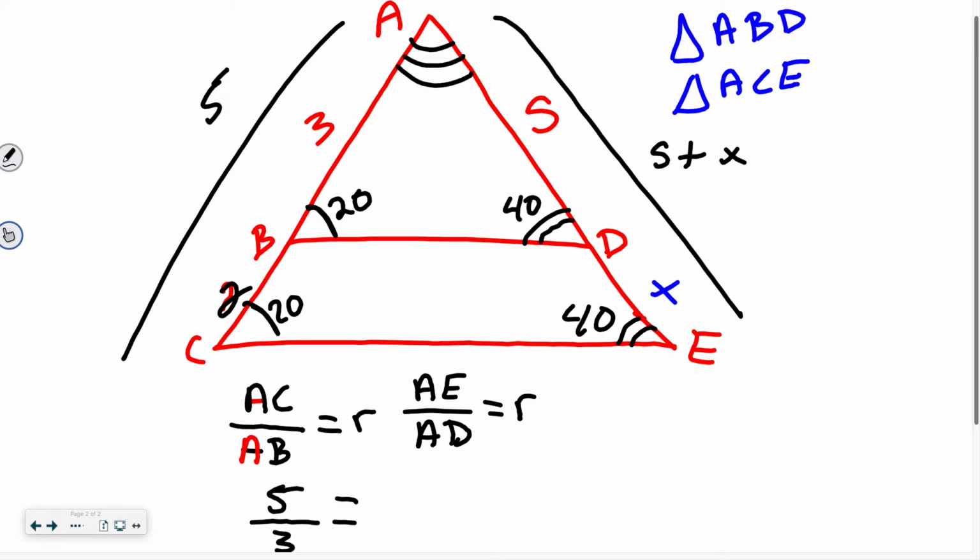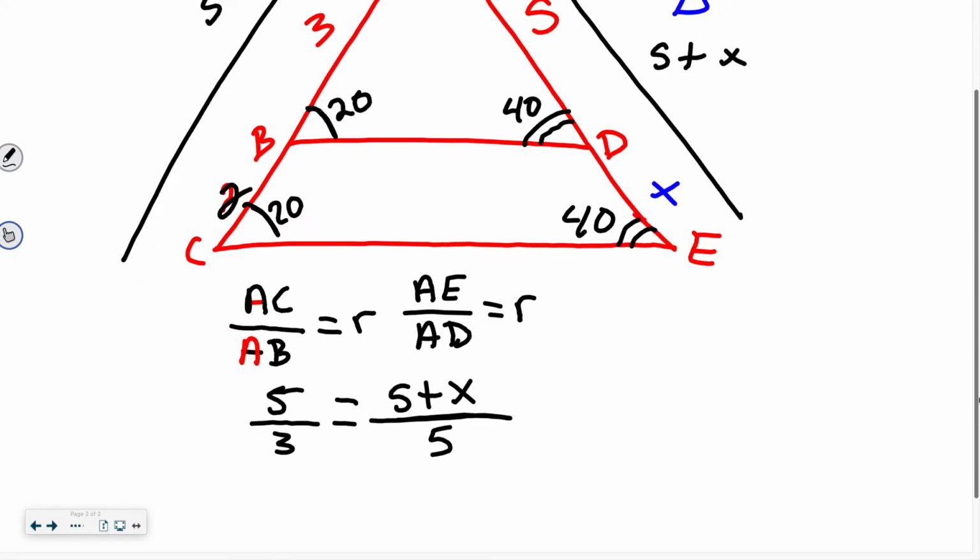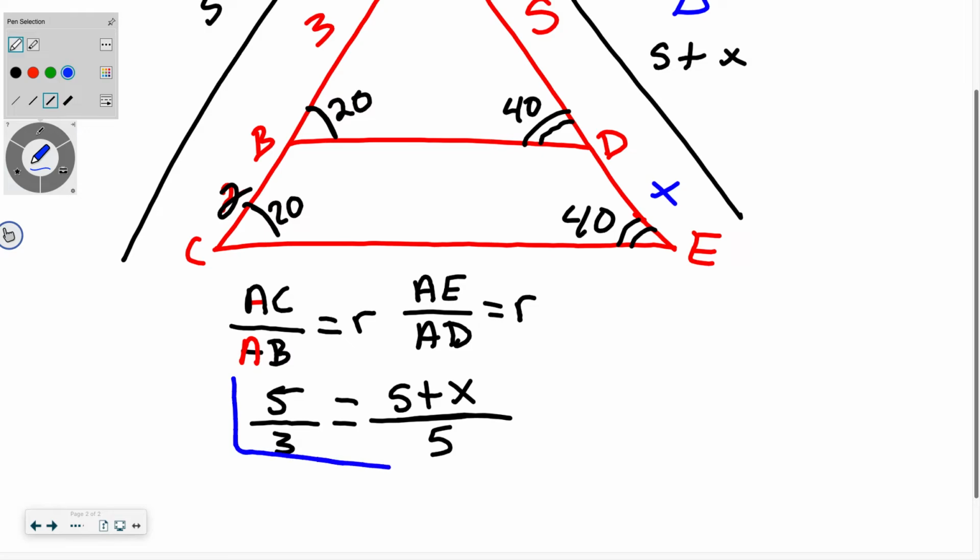So 5 plus x over, well, what's its corresponding side to AE? AD. AD is 5, right? Okay, well, if we think back to middle school, how do we solve an equation that looks like this?